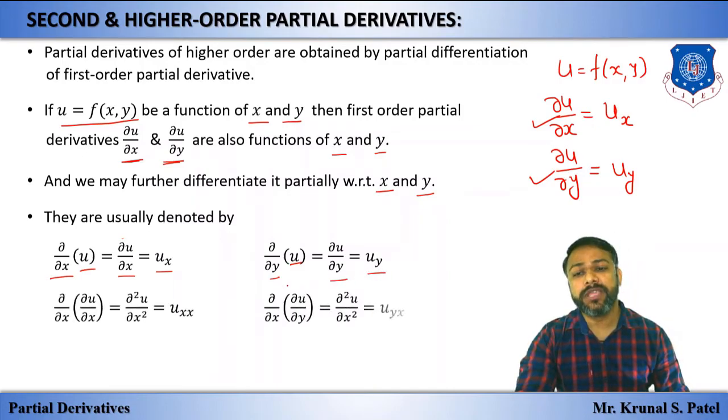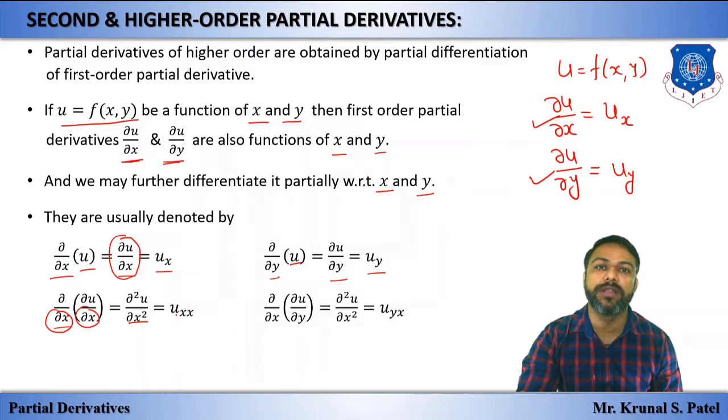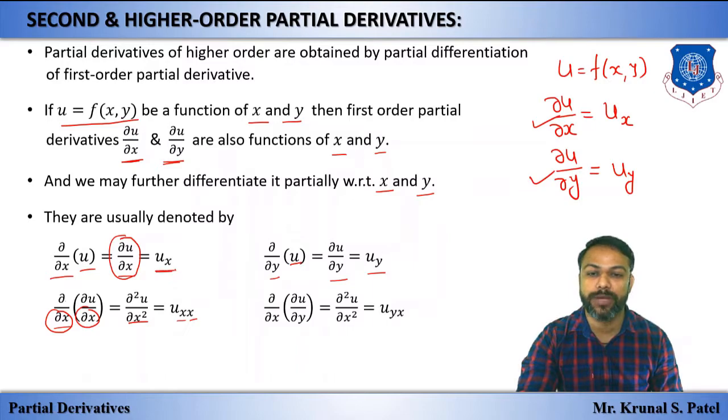Now if we differentiate this del u by del x again with respect to x, so del into del square u as it is, and del x into del x will be del x square. So del square u by del x square, and in notation we'll write uxx, that means ux and x, again with respect to x.